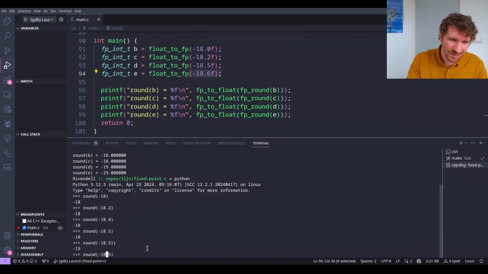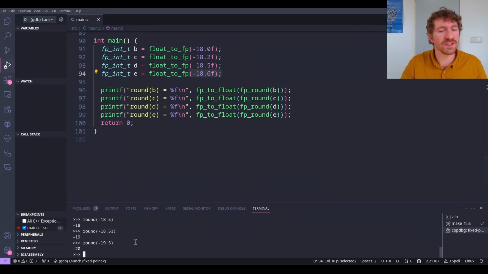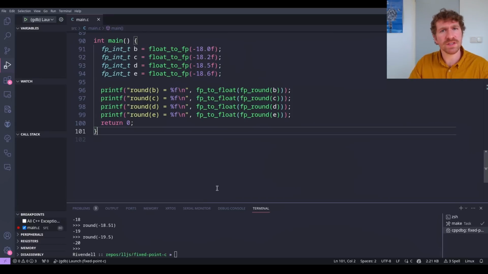If you round differently on even and odd numbers, there's a good reason for doing it. Half the time you round up, half the time you round down. It gives a better distribution. I'm trying to keep things as simple as possible, so that's why I didn't implement that. But you can see that this basically works the same. Okay, so that's good. I'm happy with that.